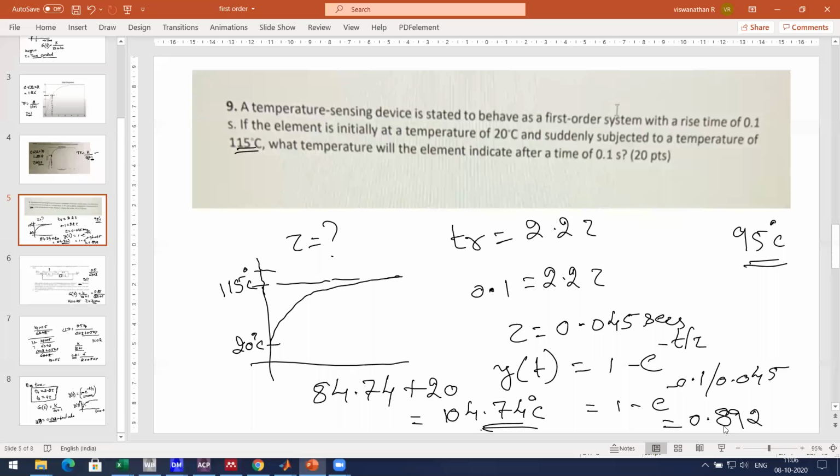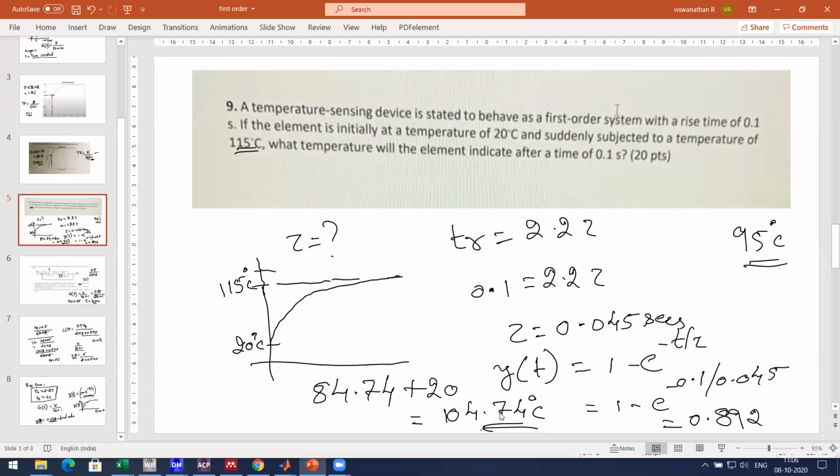So 0.892 times the total increase of 95 will be 84.74 degrees centigrade. Already 20 degrees centigrade is there, so plus 20. The temperature that the element will indicate after a time of 0.1 second is 84.74 plus 20, which is 104.74 degrees centigrade.